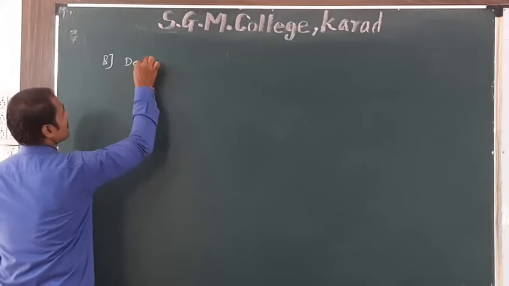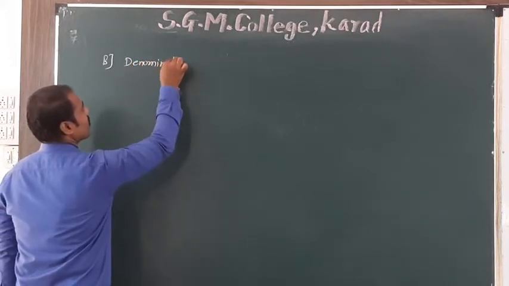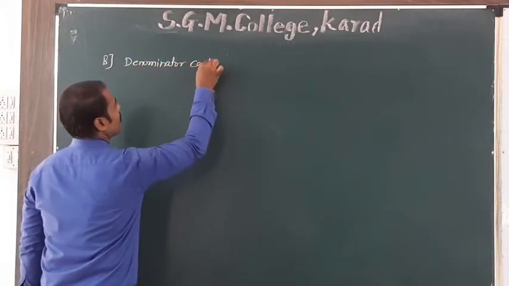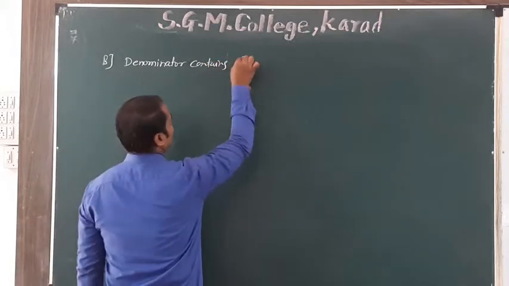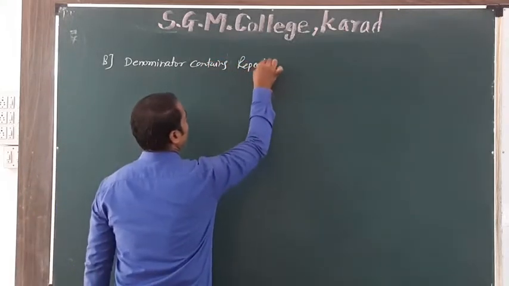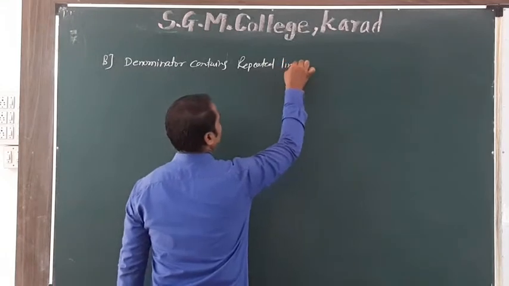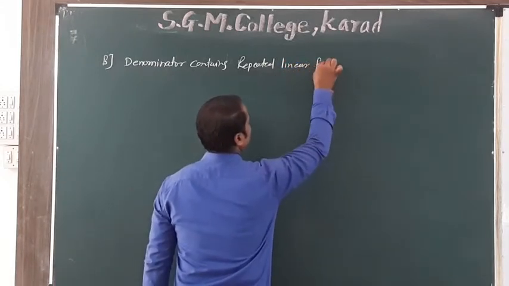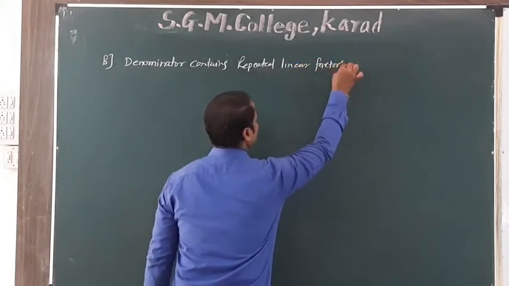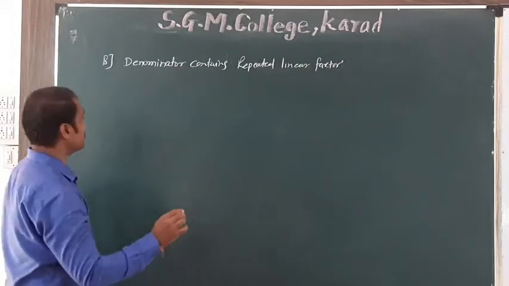Denominator contains repeated linear factors. Means that factor is repeated, linear factor is repeated.